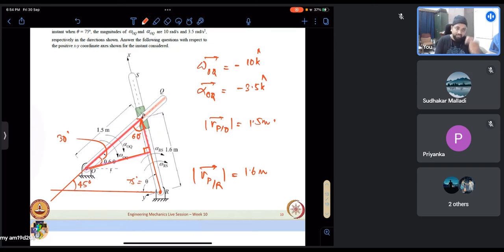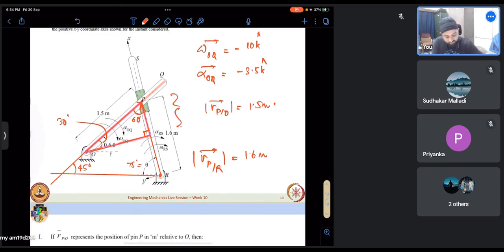We have a slider that is passing through this. If this member RS had a slot and the pin was passing through that slot, it is one and the same. So we know that our relative velocities are always tangential to our slot, or in this case tangential to our straight member itself. So essentially this is VREL's magnitude.